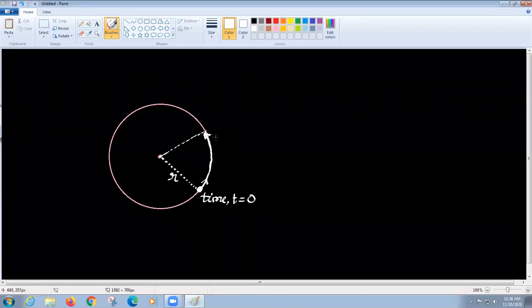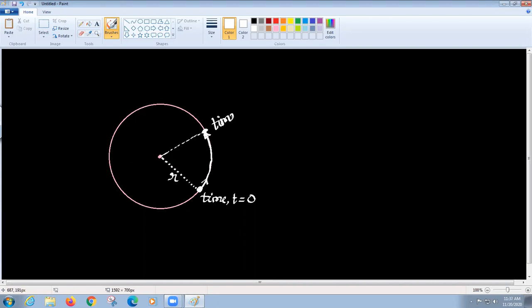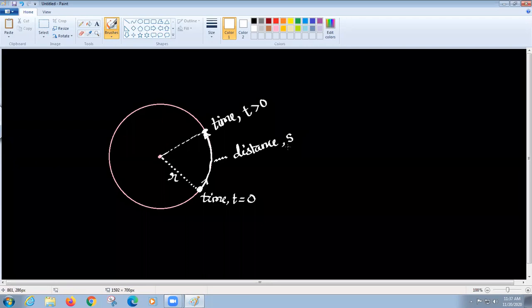Say by the time the particle is here, the time t is now greater than 0. In due course, this particle has covered a distance. You can take it according to your intermediate textbook; this convention is very famous there. So distance, say s.